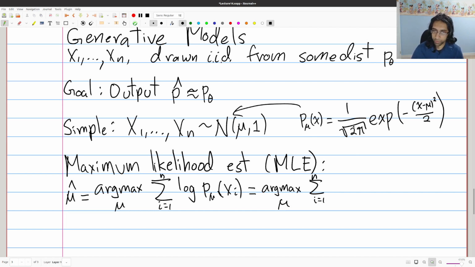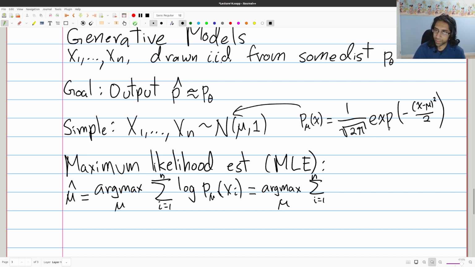In particular, the log of a product becomes the sum of the logs. So it'll be the log of this term plus the log of this term. Well, notice that in our optimization problem, the log of a constant doesn't really make any difference. So we're just going to ignore this term.